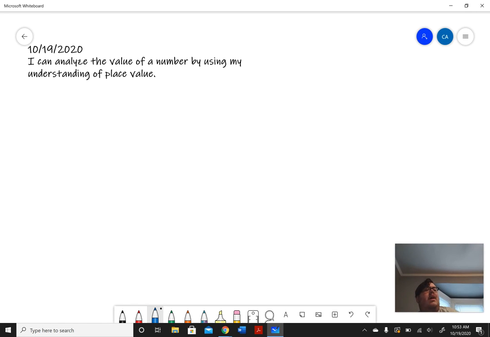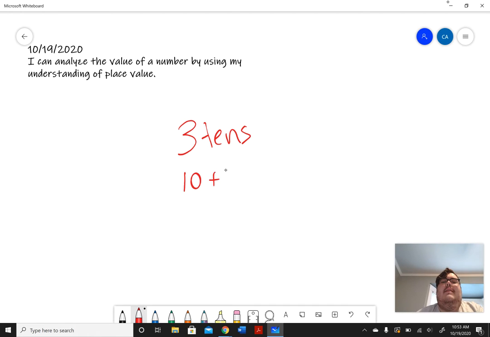In numbers, each number has a value, and we determine that by using place value. So if we have 3 tens, that's the same as having 10 plus 10 plus 10, which is 30.